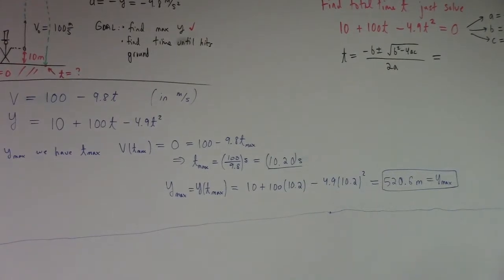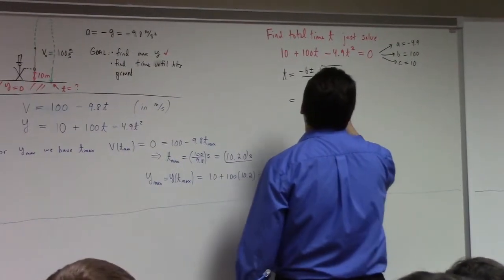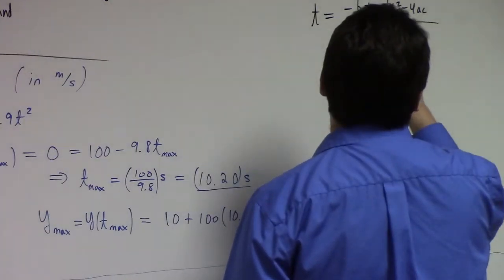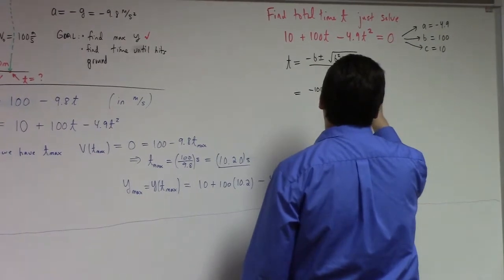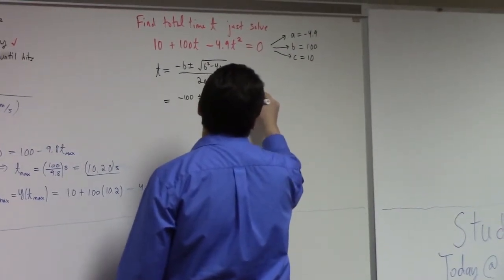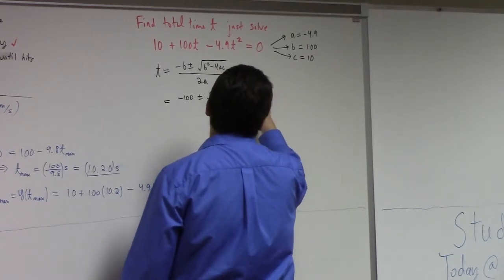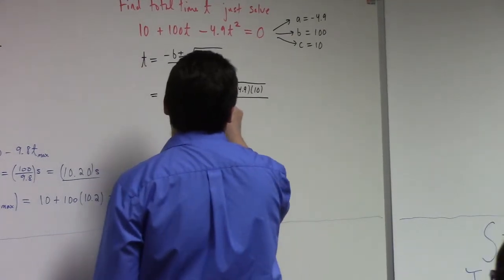So I have minus 100 plus or minus the square root of 100 squared minus 4 times minus 4.9 times 10, divided by 2 times a, which is minus 9.8.